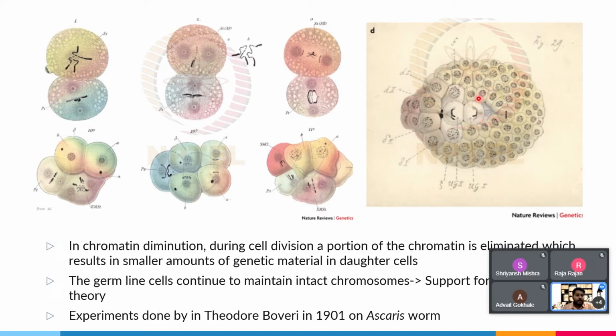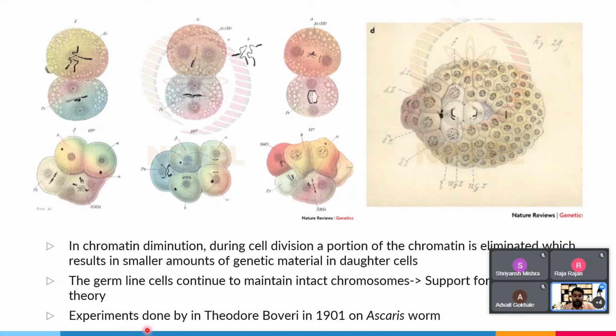But the somatic lineages only get what information they are required to form the particular somatic cells, such as muscle cells only will get information particular to the muscle lineage, and thus we see chromatin diminution in them.